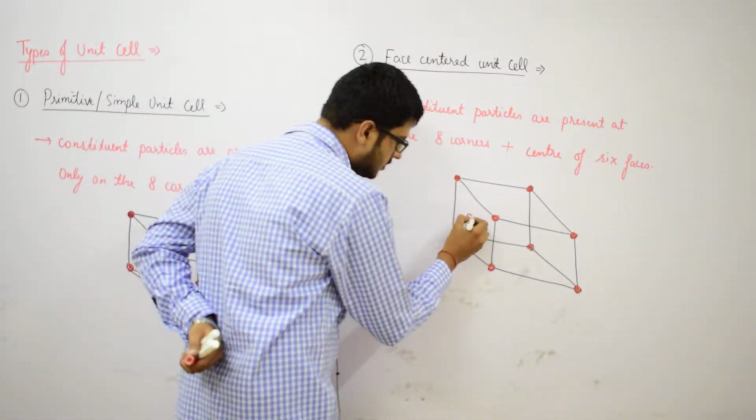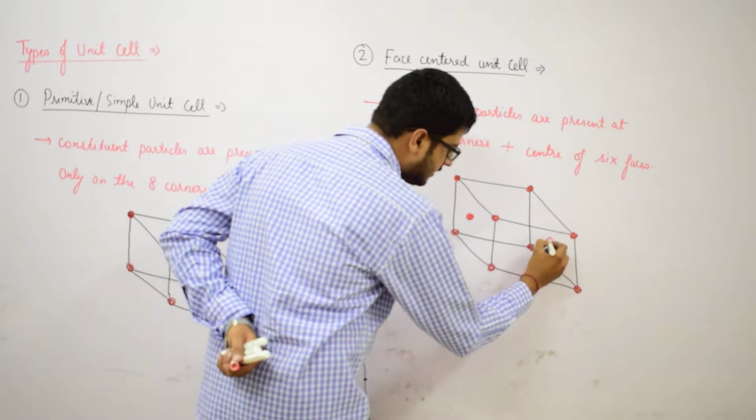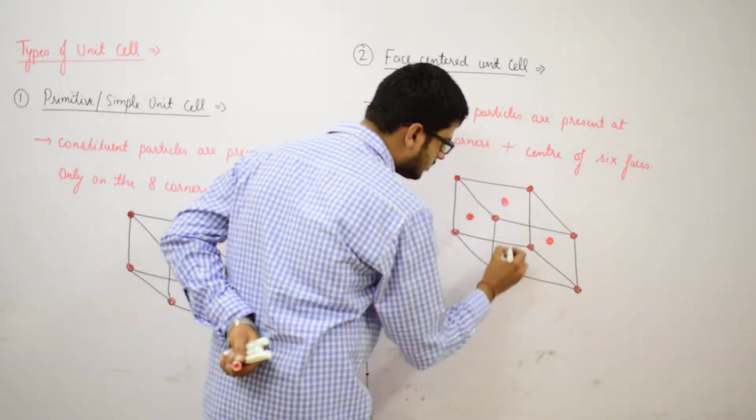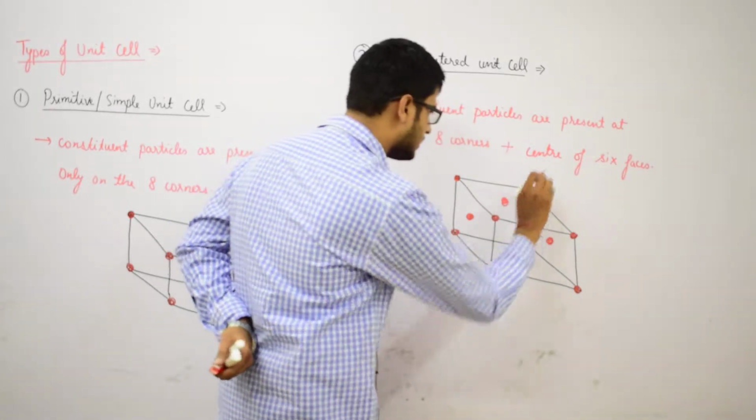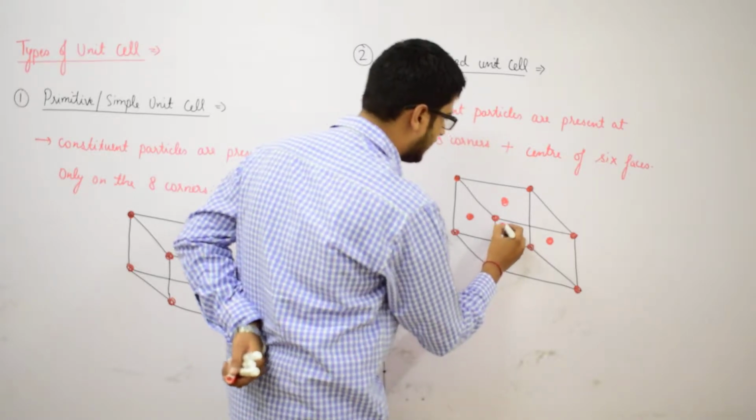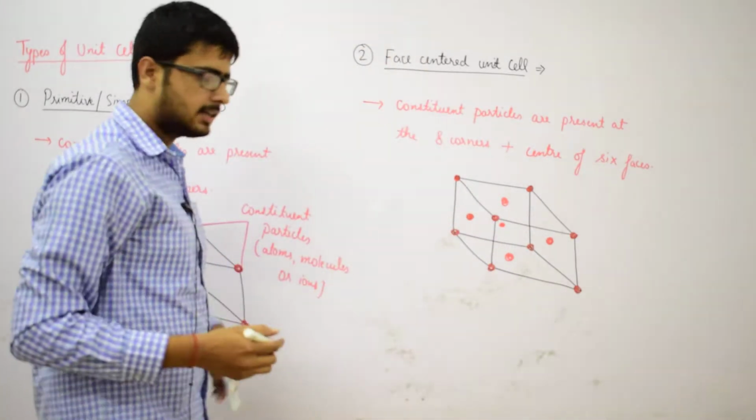So, this would be the center of first face, second face, third face, fourth face, fifth face and the 6th face would be at the back.